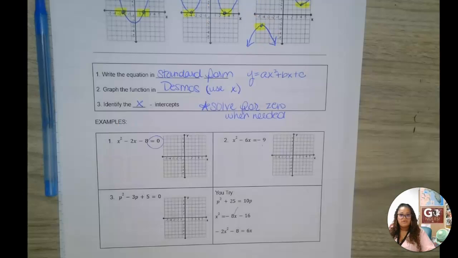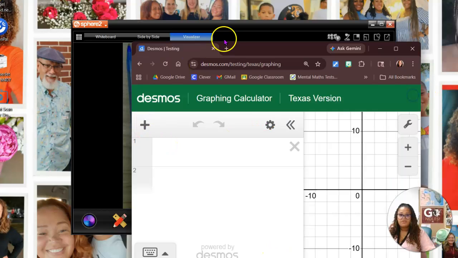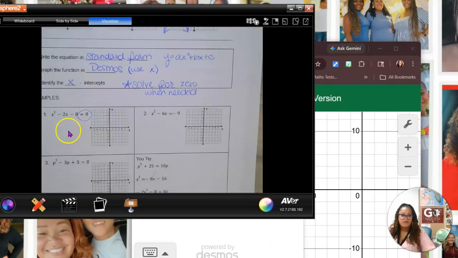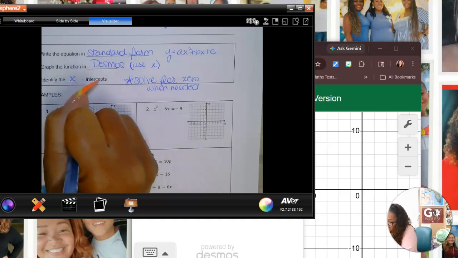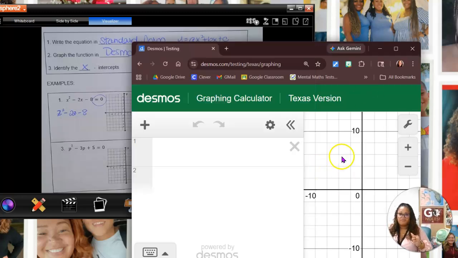So let's go to Desmos and start typing these in. The first one says x squared minus 2x minus 8. Now remember, if it says something like z squared minus 2z minus 8, remember to change those z's to x's when you type them in.